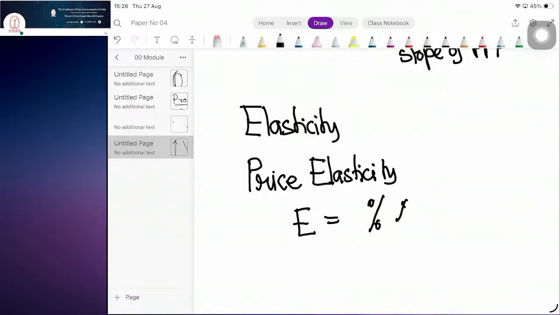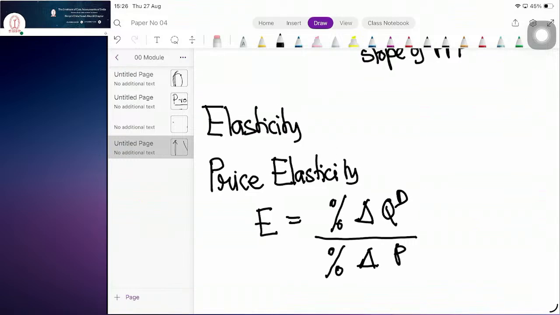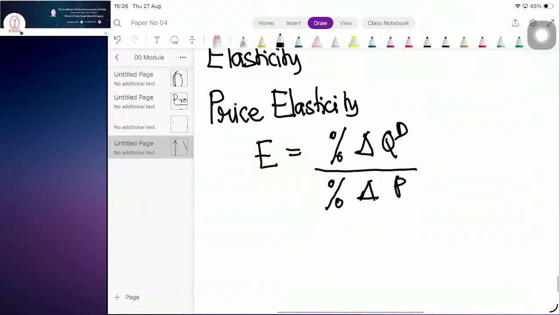percentage change in quantity demanded upon percentage change in price. Got it, all of you? What does percentage change mean? Percentage change in quantity demanded upon percentage change in price. Many times even a simple formula is asked in multiple choice. Numerator काय, denominator काय, miss नाही करायचं. If you want, write it in words also.